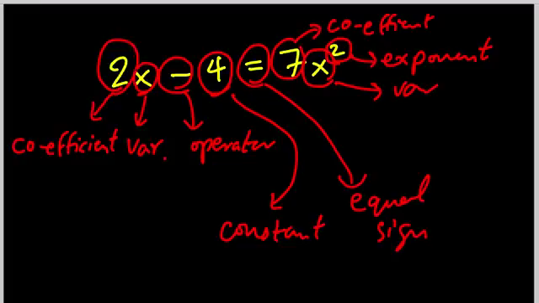Let's take, for example, another one. Let's take x. Now it doesn't look like there's a coefficient here, but really there is a silent coefficient. Whenever you just have x, it doesn't mean 0. There's no 0 in front. What we mean here is 1x. So the silent coefficient here is 1.